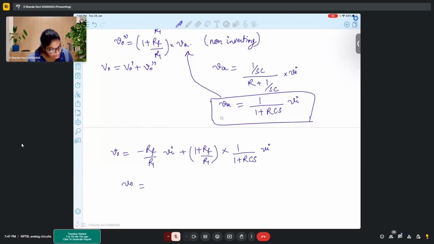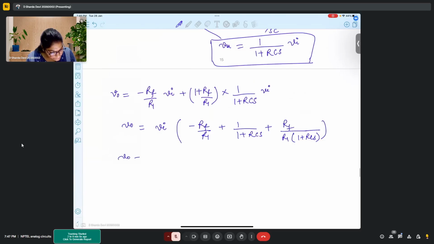So V naught is Vi times [minus RF upon R1 plus 1 upon (1 plus RCS) plus RF upon R1 into 1 upon (1 plus RCS)].